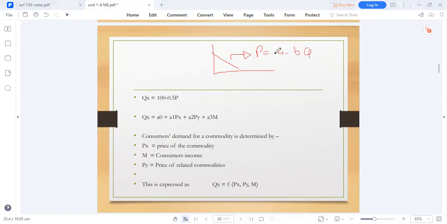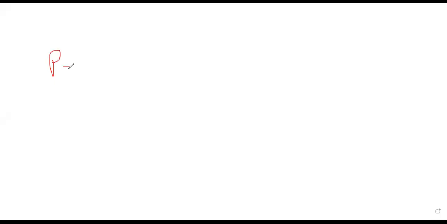This A stands for the intercept, where it's cutting the P-axis, and the B is our slope. So demand can be given as follows in terms of A minus BQ. Demand can be given as follows in terms of A minus BP.